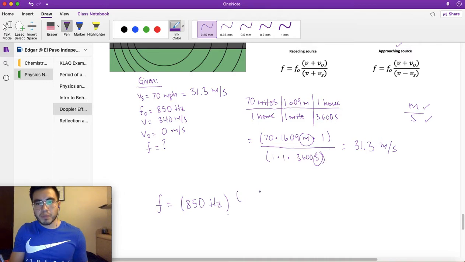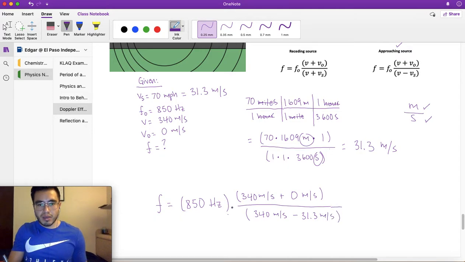So we have speed of sound, 340 meters per second, plus velocity of the observer, which is 0 because she's not moving. Person A is not moving. Divided by parentheses speed of sound, which is 340 meters per second, minus the velocity of the source, 31.3 meters per second.